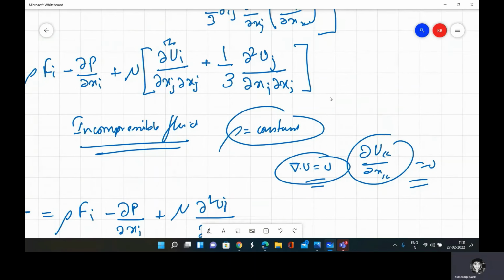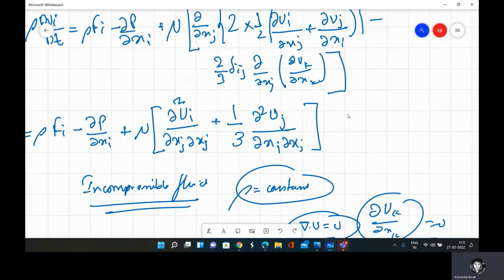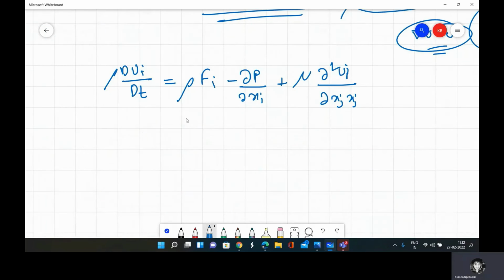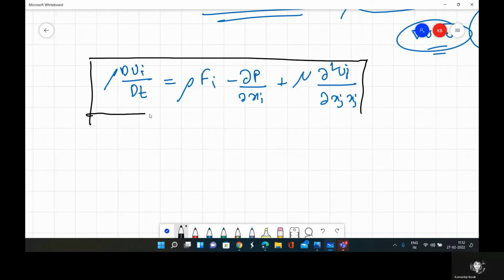This part is totally zero. If this part is zero, in the final expression we are not getting that part. We are only getting the eij part, as you can understand from there.